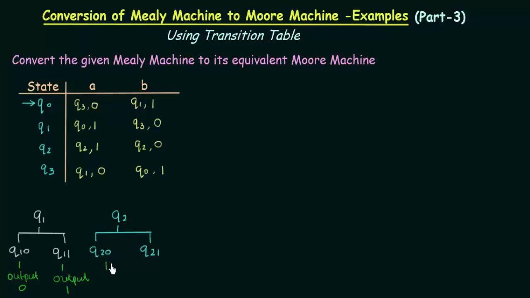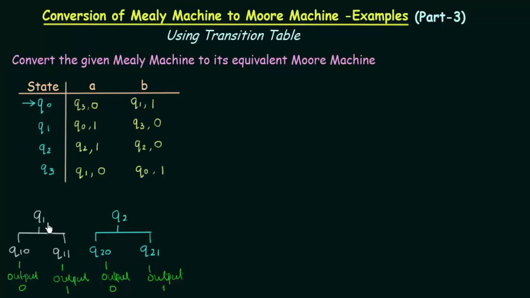This will be used for the output 0 and this will be used for the output 1. Now let's come to state Q3. Q3 is giving output 0 in this column and in this column also Q3 is giving output 0. So Q3 is giving the same output, so no need to change anything for state Q3.